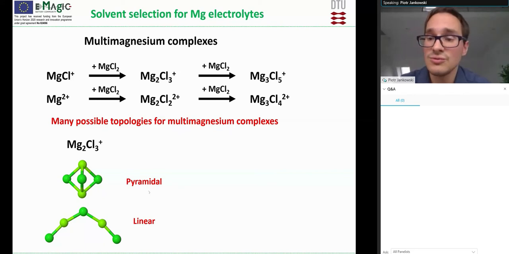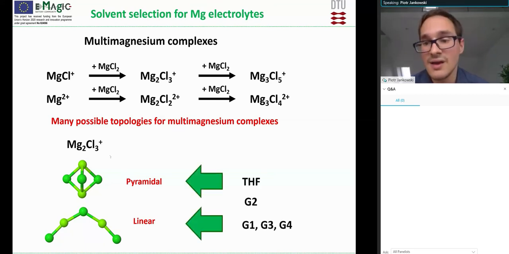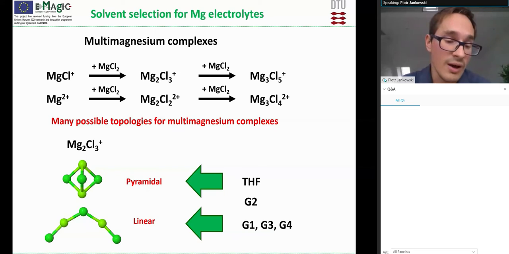If we do the calculation, also putting solvent around the magnesium, we can see that the lowest energy structure for THF is obtained only if we consider these pyramidal structures, because THF has a more bulky structure. So it prefers that magnesium is also coordinated by a lot of chlorines. If you look at the glymes, they have more halide-like system characteristics.